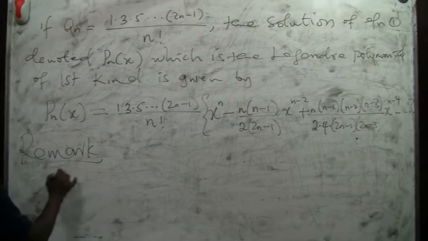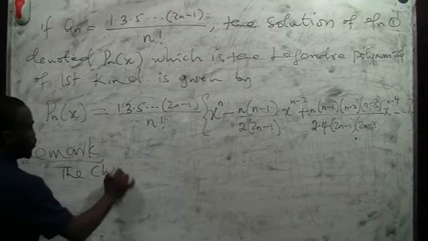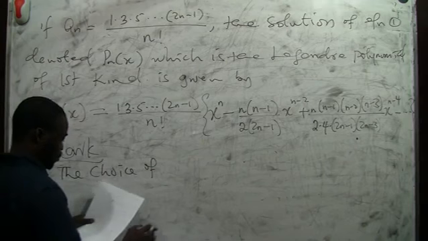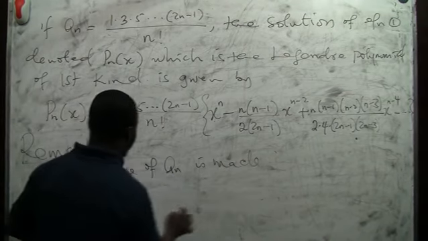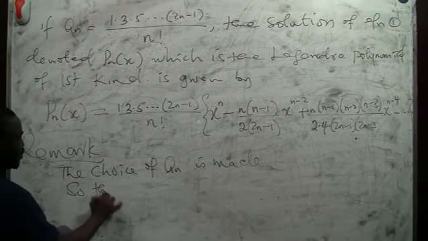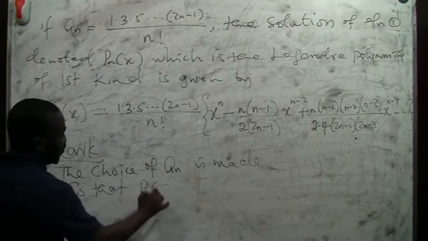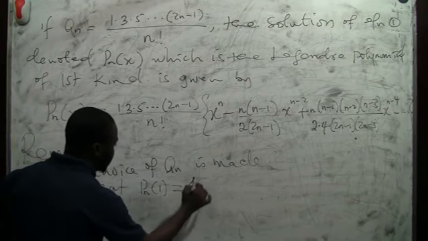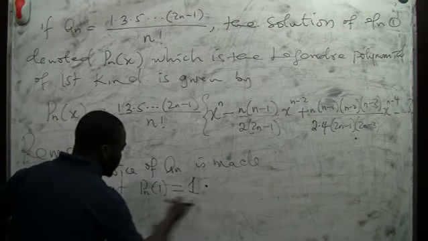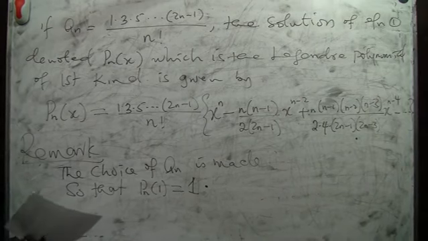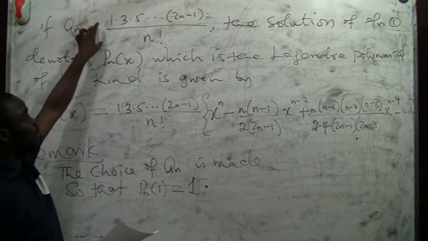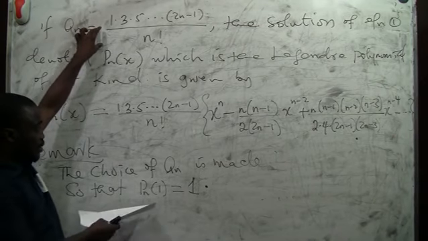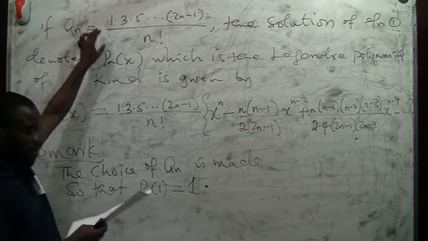The choice of A_n is made so that P_n of 1 will always be 1. We shall establish this one in one of our subsequent classes, how P_n of 1 becomes 1. But this value is selected in such a way that the Legendre polynomial will satisfy this relation.